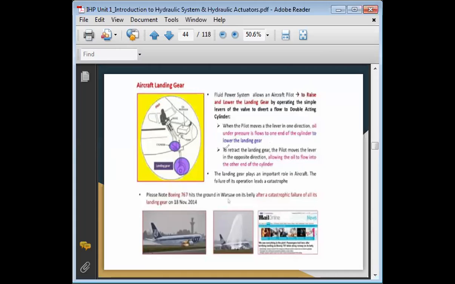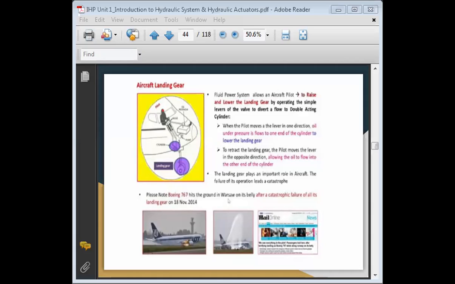You can see here is the pilot. The pilot will move the lever. For what purpose will he move the lever? To divert the flow to the double acting cylinder. For what purpose? To raise the landing gear up and down.